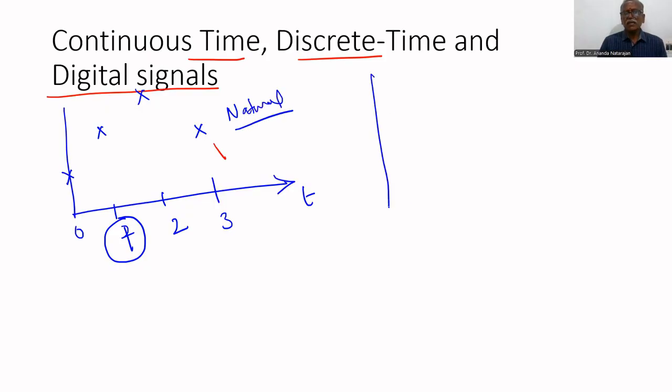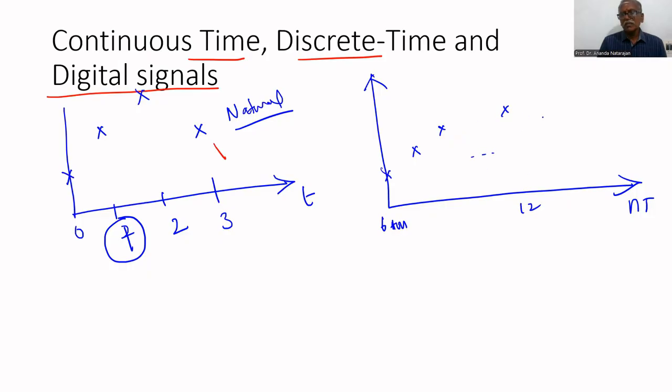On the other hand, we can also obtain a discrete time signal from a continuous time signal. For example, if we already recorded the temperature, what is the temperature at 6 a.m.? At 7 a.m.? At 8 a.m.? At 12 noon?